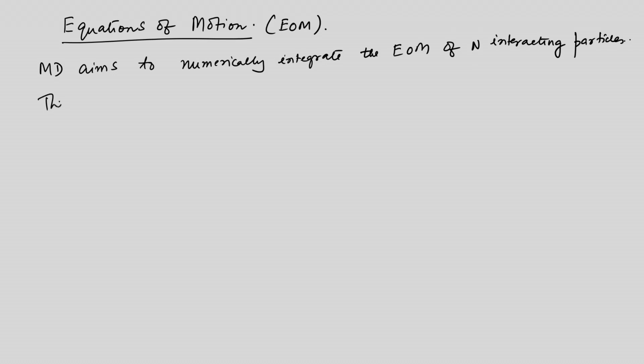So, the EOM is written as Mi d2Ri/dt2 equal to Fi, where i equal to 1 to N.